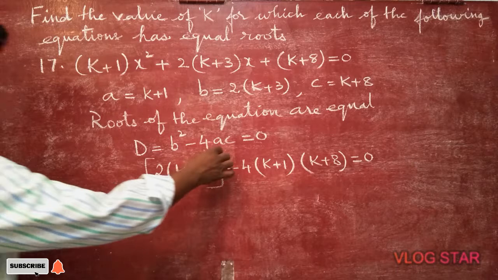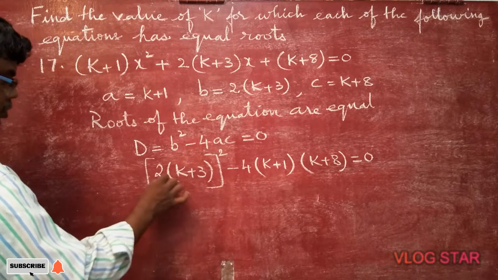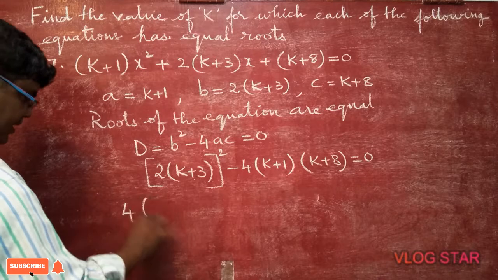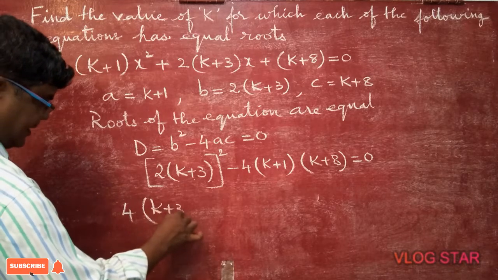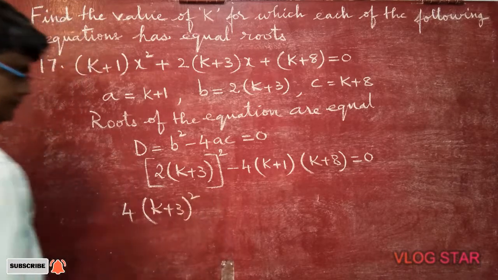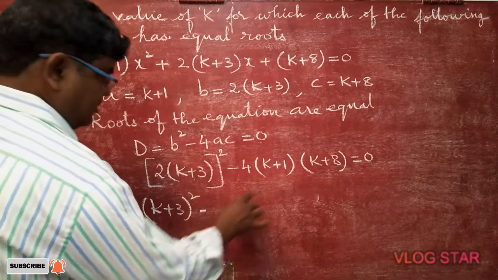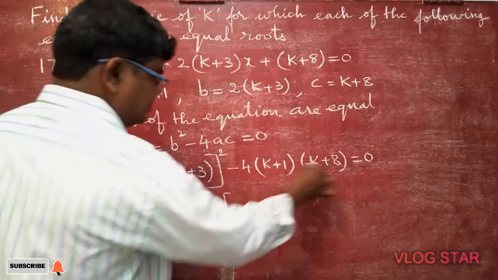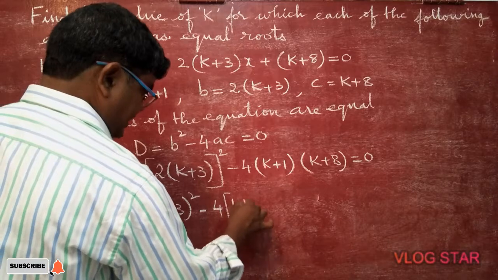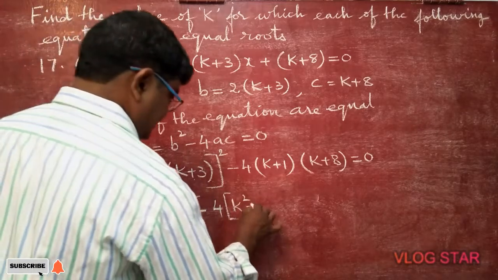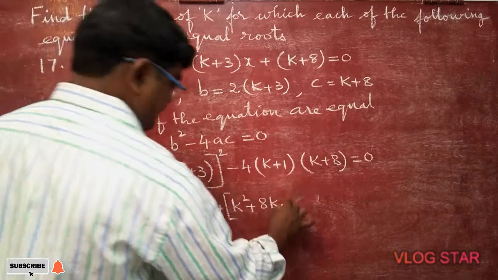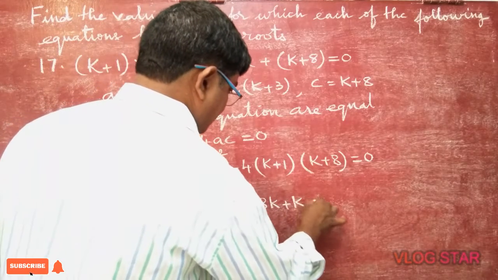Now the square is given for both, whole square, no? 2 twos are 4 into k plus 3 whole square, minus 4 into, first multiply these two: k into k square plus 8k, next with plus 1 plus k plus 8.